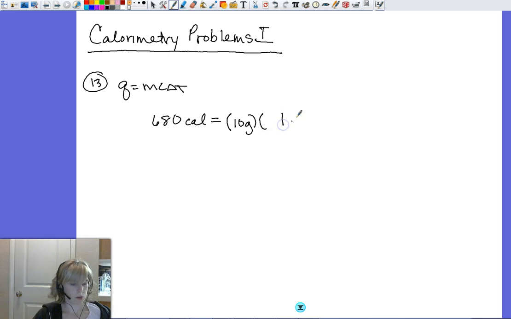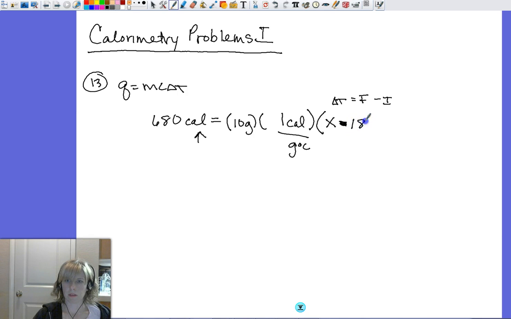We're going to use 1 calorie per gram degree Celsius as our specific heat of liquid water. And then we have final minus initial. Remember, delta T equals final minus initial. So we can break that up and we can have x, because we're looking for the final, minus our initial, which is going to be 18 degrees Celsius.